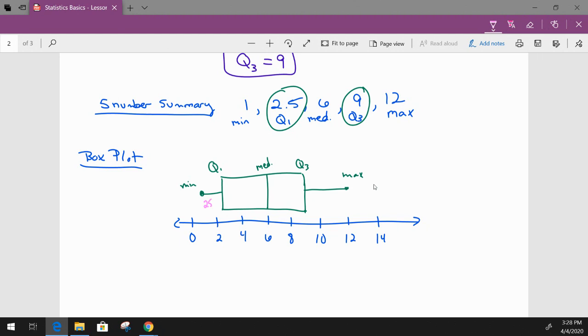So 25% of your data would be between the minimum and Q1. 25% of your data is between Q1 and the median. 25% of your data is between the median and Q3. And 25% of your data is between Q3 and the max.